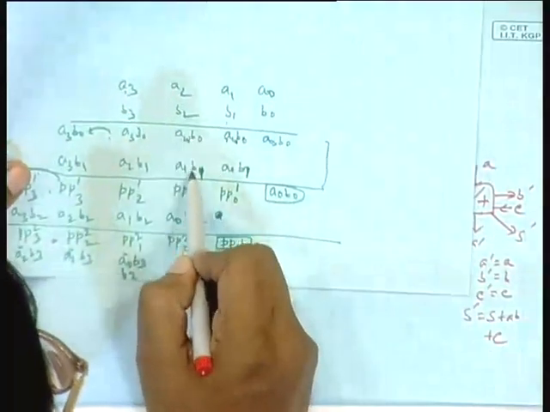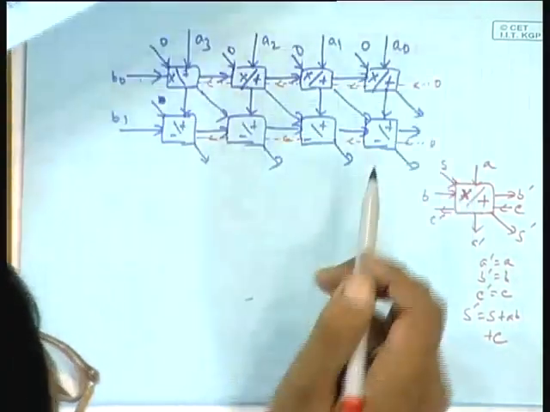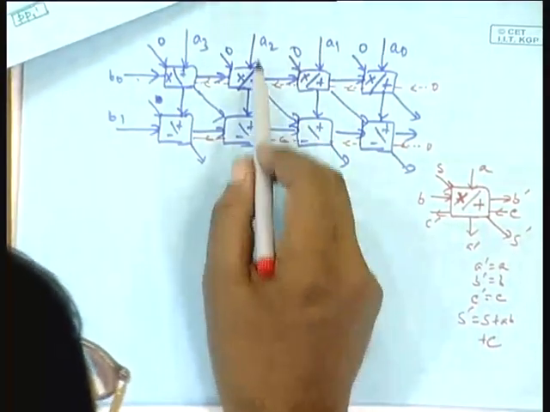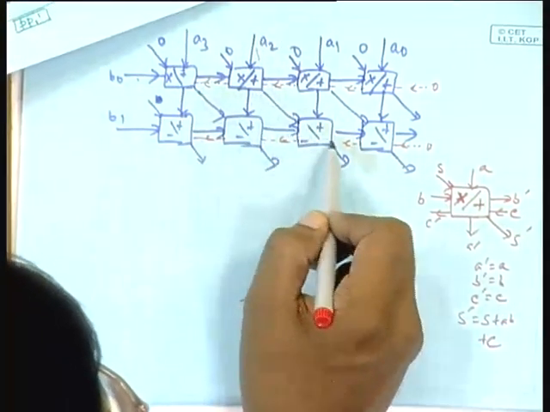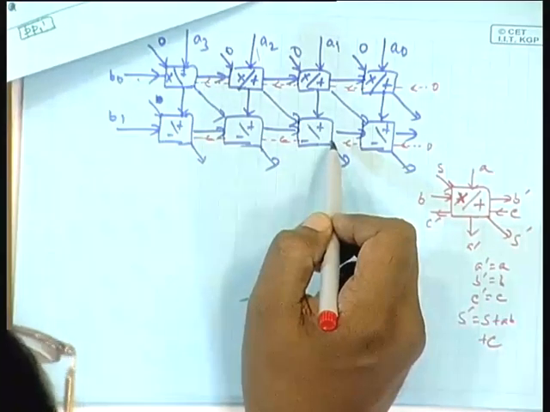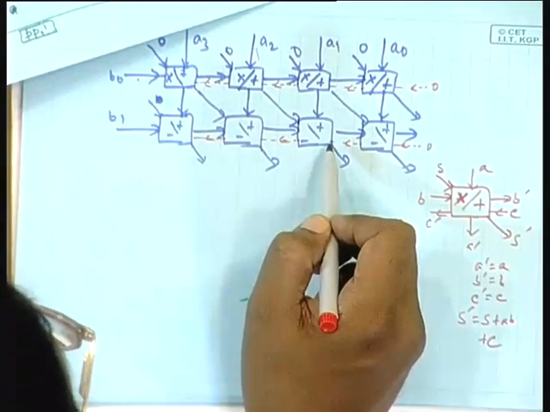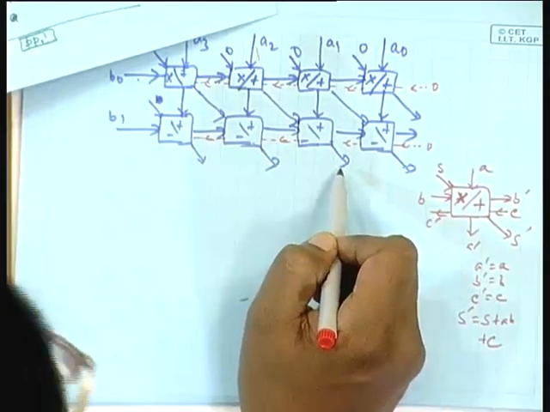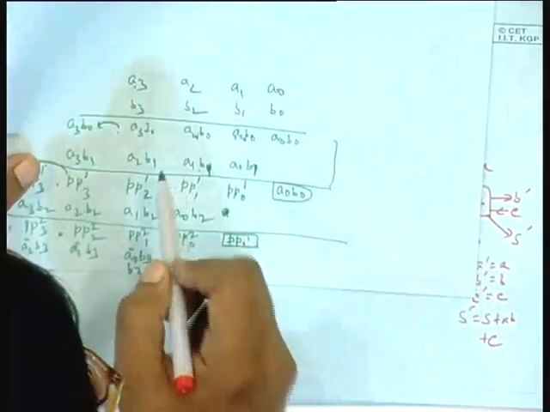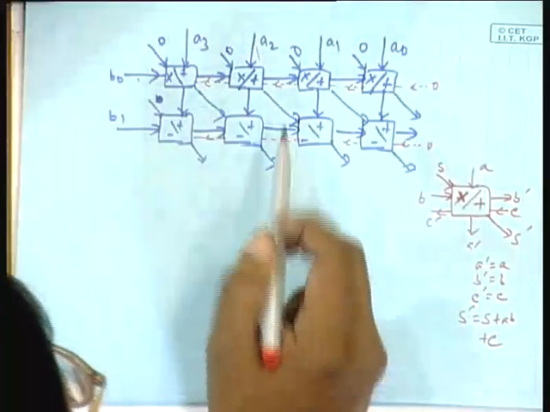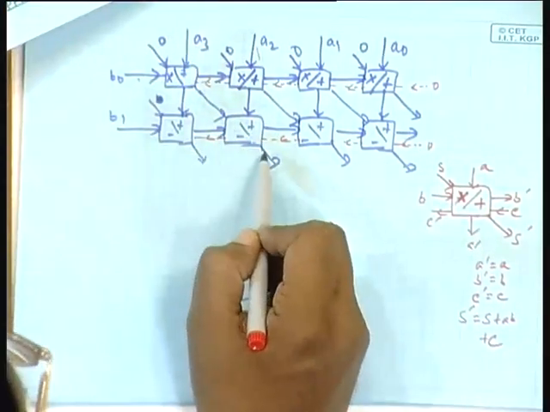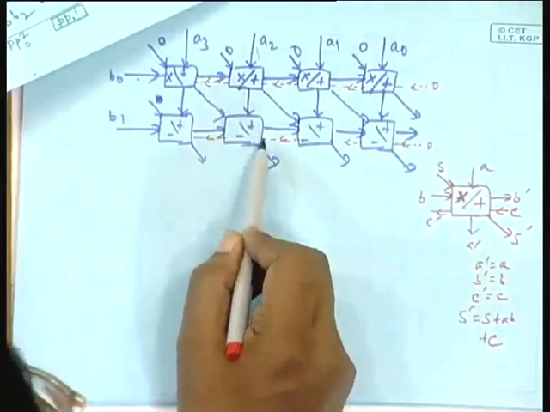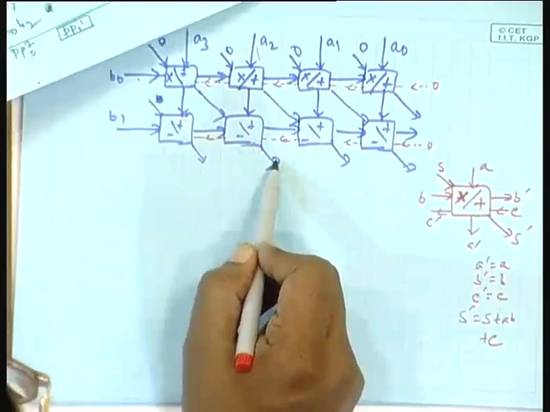That carry and these two will be added. What are these two? A1 B1 and A2 B0, this result and this carry, they will be added. New carry will move here, result will move here, and then your A2 B1, A3 B0, and the carry coming from this previous stage, this carry is propagating, result will be coming.